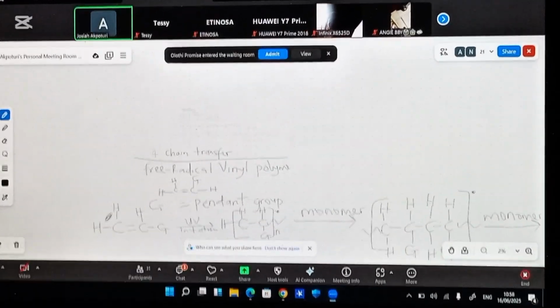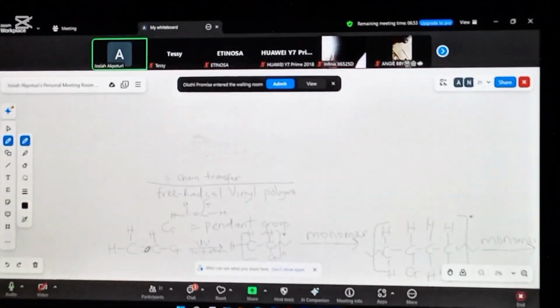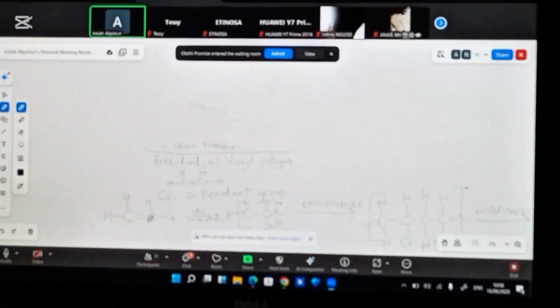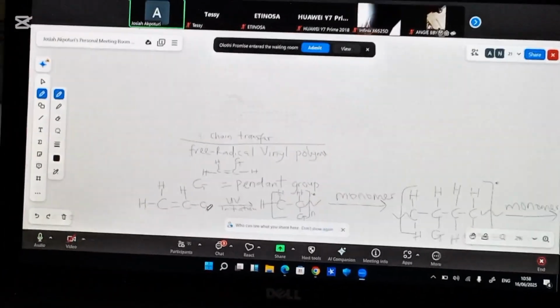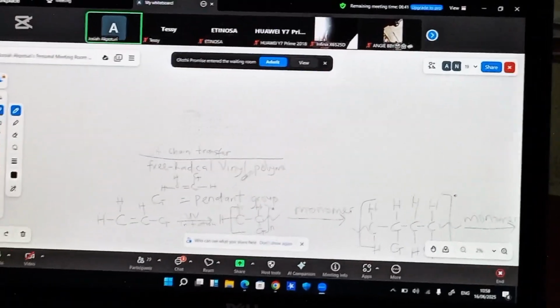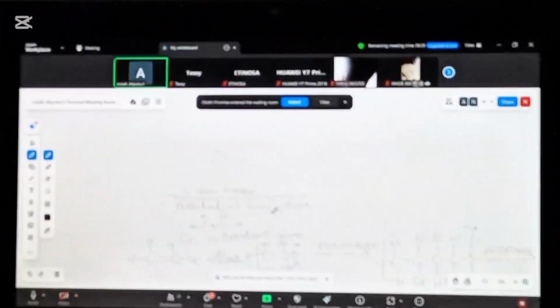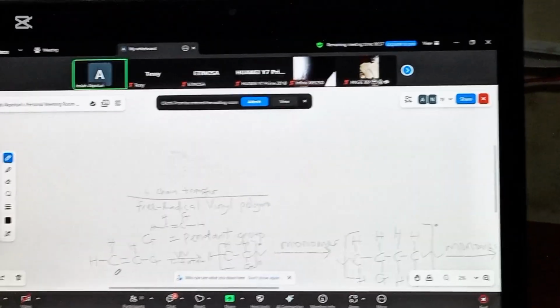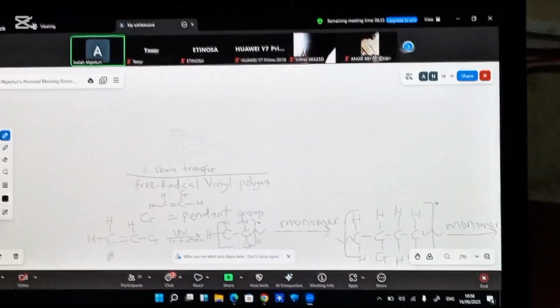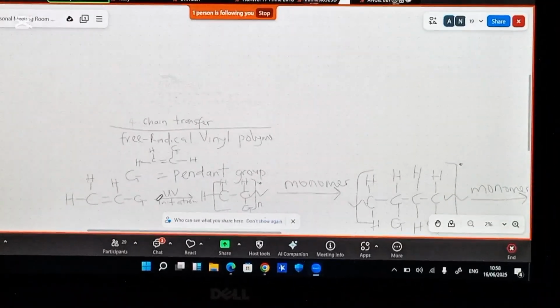Now, what is vinyl polymerization? In a substituted ethene molecule, the substituent is known as the pendant group. The pendant group is what defines the monomer. So what is the reaction? This is the reaction below. This is the ethylene.